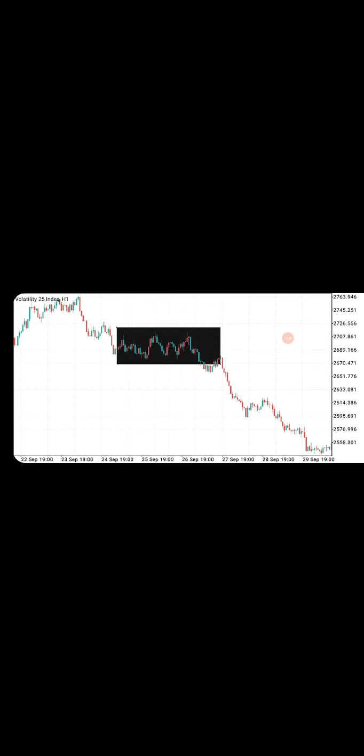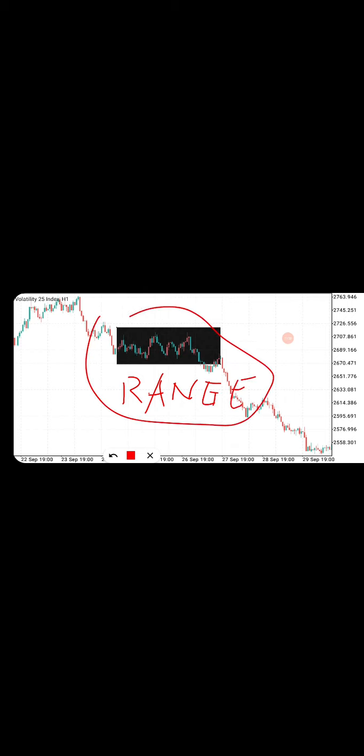Allow me to write it for you so that you can know what I mean. So this is a range. The market is moving, but from a general perspective, the market is at the same place, right? We traders, we love that kind of movement because it is based on the strategy.